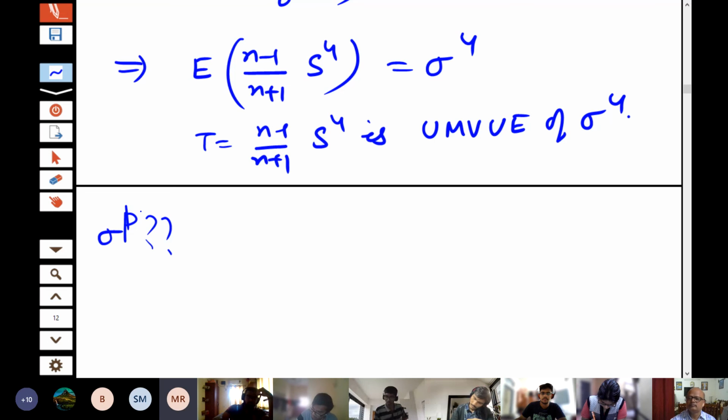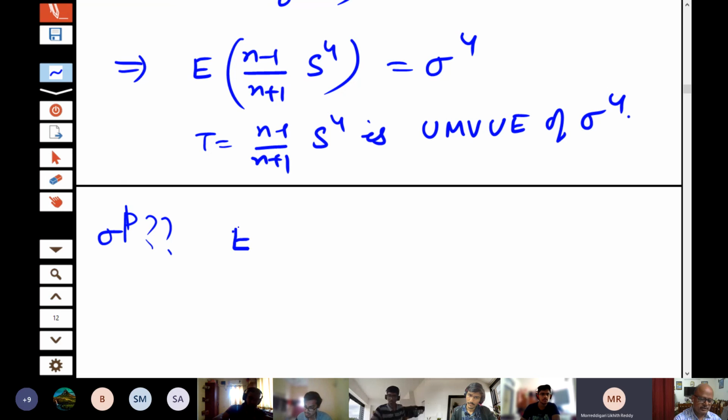So some large expression. So what are you considering? Expectation of n minus 1 s square by sigma square whole power p by 2. Yeah, right. That is integral of the chi-square distribution.